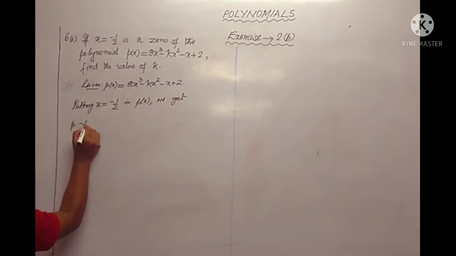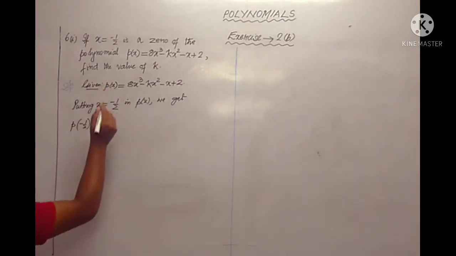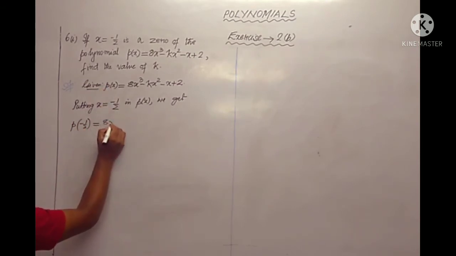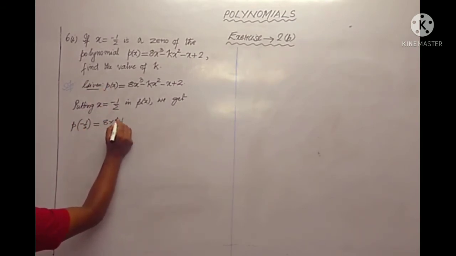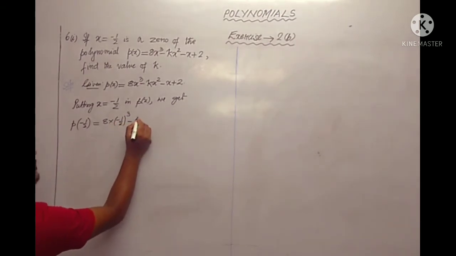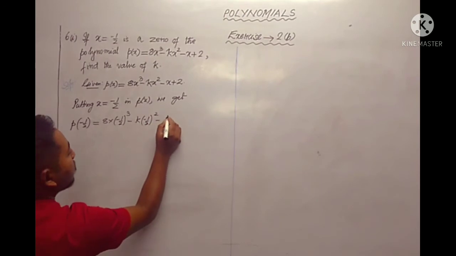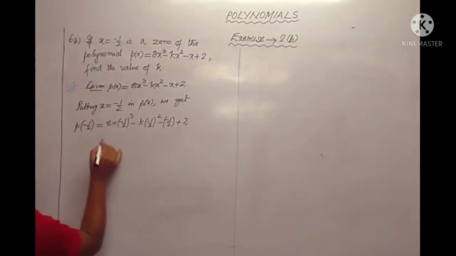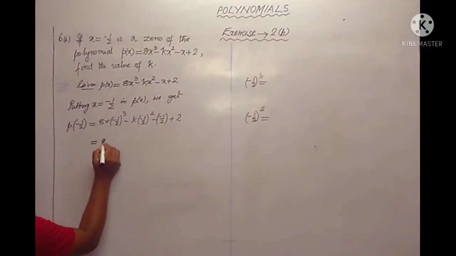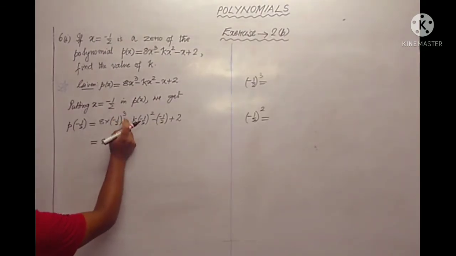p(minus 1 by 2): in place of x you put minus 1 by 2. 8 into (minus 1 by 2) whole cubed, minus k into (minus 1 by 2) squared, minus 1 by 2, plus 2. And let us try. 8 into (minus 1 by 2) whole cubed.